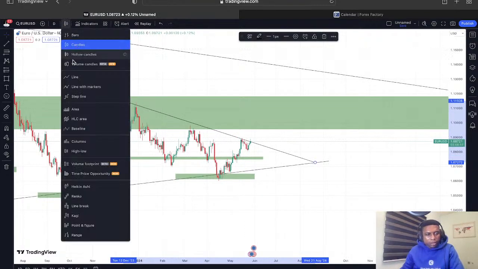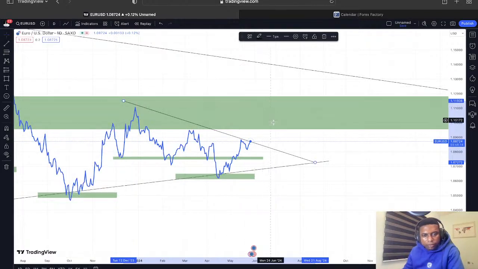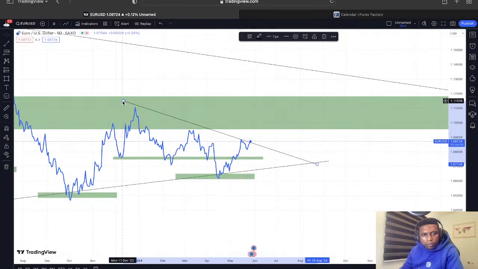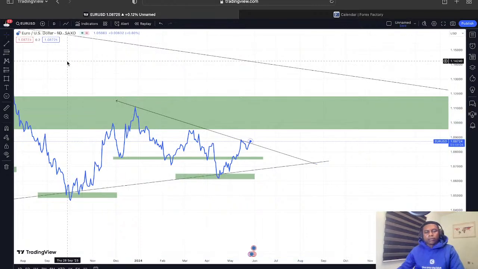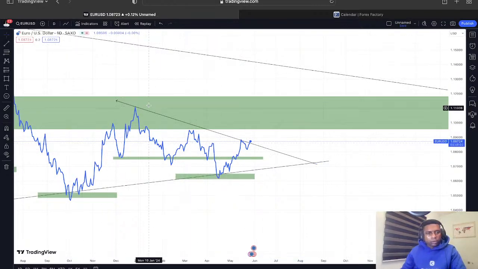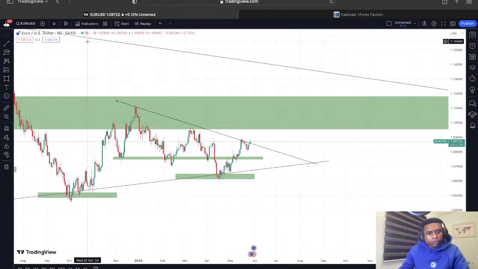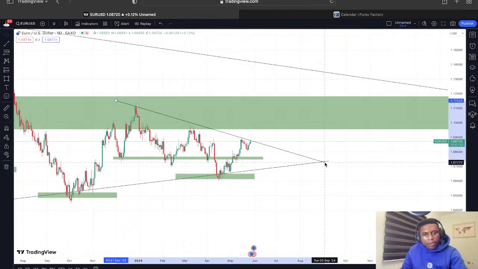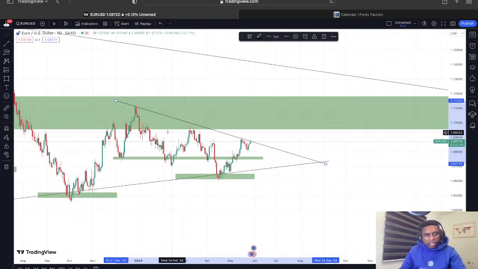Okay, let me put this on a line chart. So yeah, we are able to see how price is currently moving along the downward trend, as you can see here.